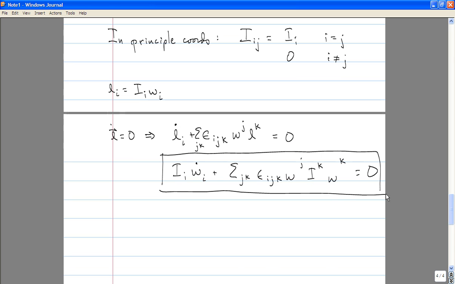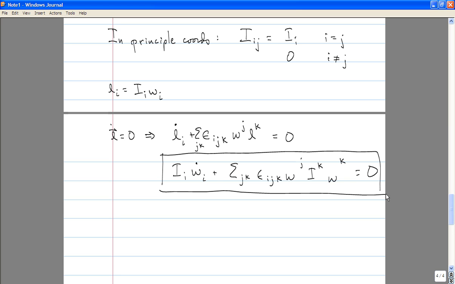I sympathize that I'm throwing sums and epsilon symbols around all over the place, and it does take a little while to get used to. But in fact, the strategy is really quite simple. The components of the angular momentum vector are the inertia tensor times the angular velocity.